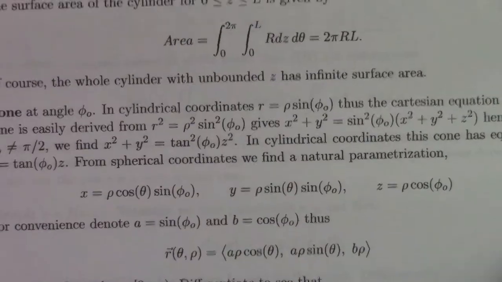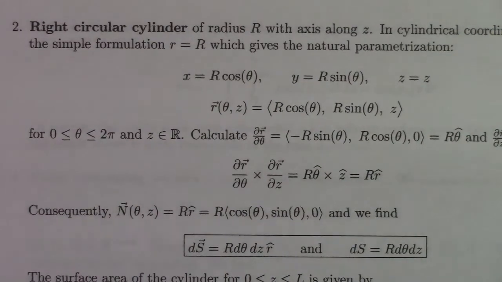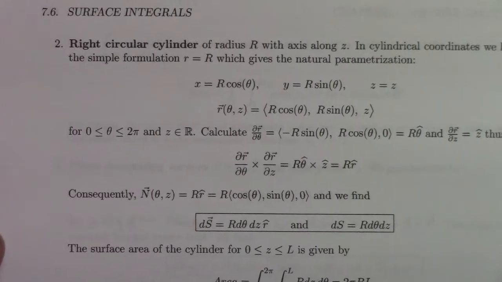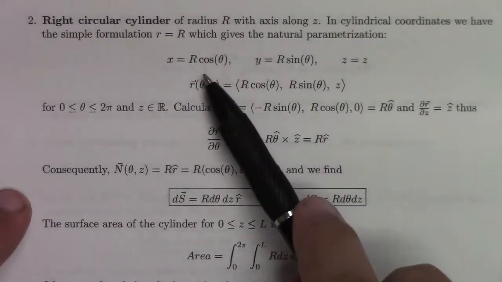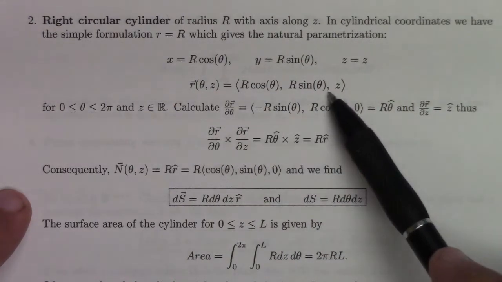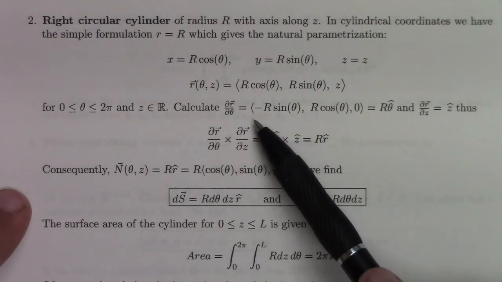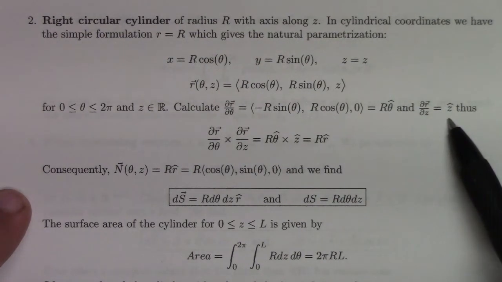Right circular cylinder. To parameterize a right circular cylinder, we're going to freeze the radius in cylindrical coordinates at r, and that gives me the parameterization. I calculate my partial velocities, partial r, partial theta, partial r, partial z.